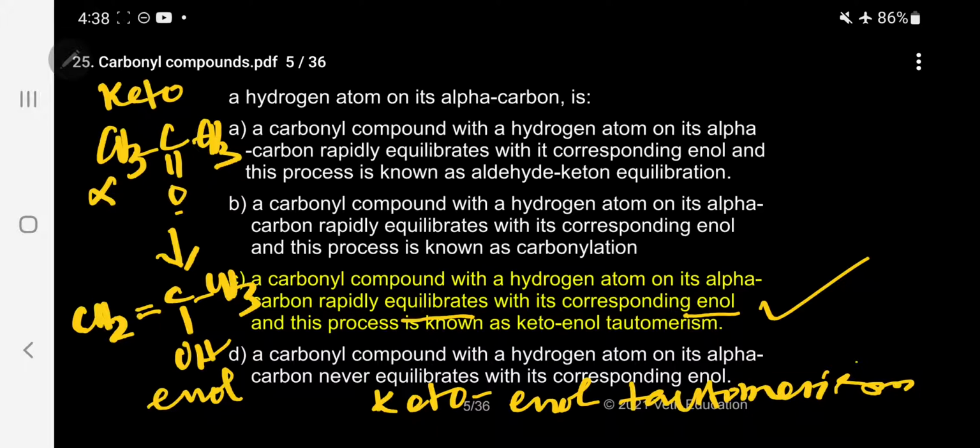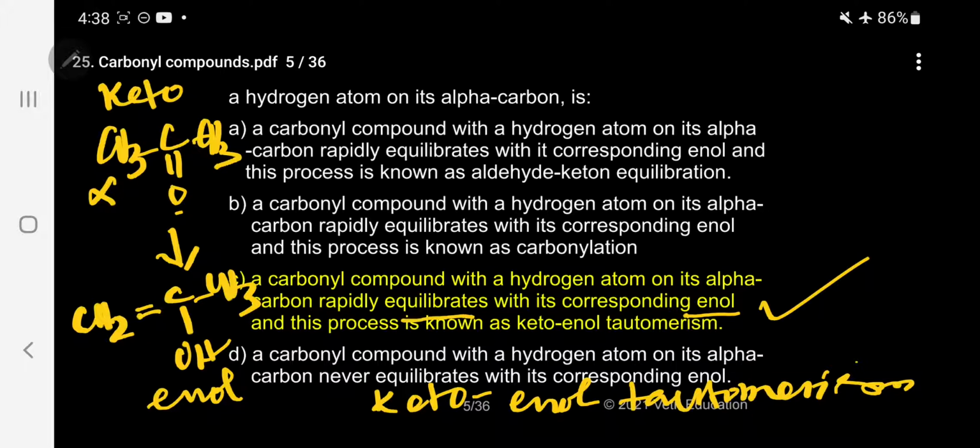Please understand one important piece of information under this question. Many teachers are confusing and bringing this under isomerism. Please note, all my students and even teachers who are teaching chemistry: what is isomerism?